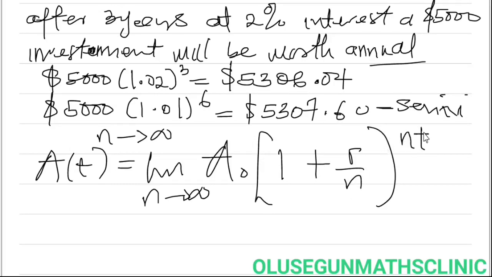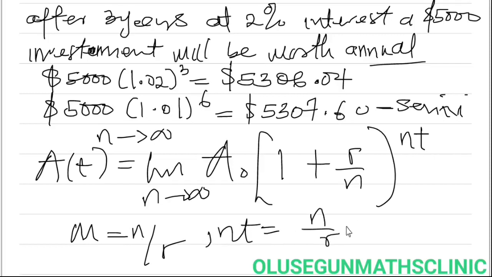Now that is the number of periods times time, so rate times time. I also want to make my m to be n over R. Now, if my m is n over R, record that nt can be written as n over R times RT. If you agree, it can be written like this, because by the time R cancels R, it becomes nt.